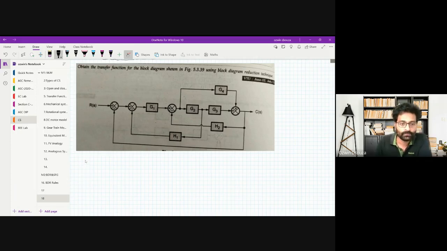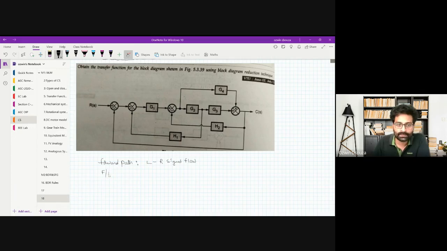For example, forward paths. The meaning of forward path is the movement of the signal from left to right. Left to right signal flow. That is called a forward path.